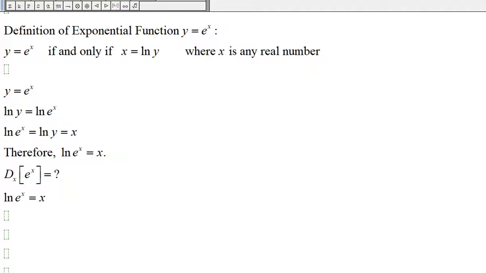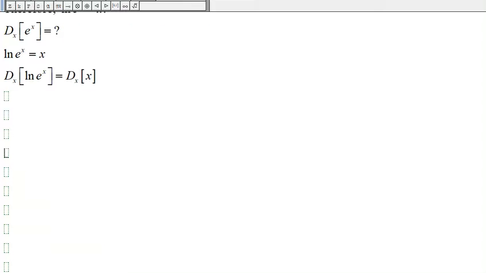And so now we take the derivative of both sides. The derivative of the left-hand side is equal to the derivative of the right-hand side. And so we know that the derivative of ln x is just 1 over x, but here we have the derivative of ln of e to the x, and so we have to use the chain rule.